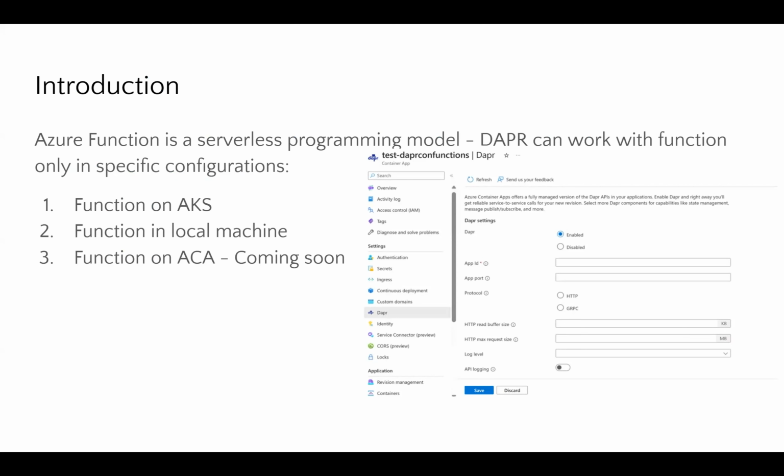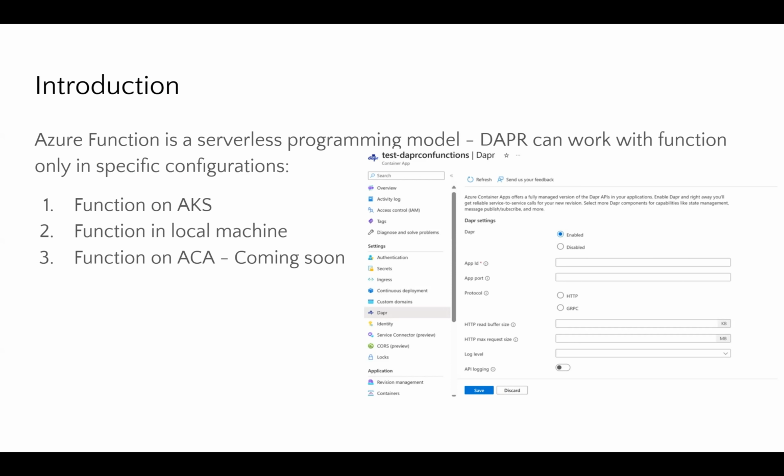So today functions are supported on AKS, where functions can be configured to run on Azure Kubernetes Service. Functions can also run on a local dev machine for development, and then we can have Dapr running in self-hosted mode similarly.